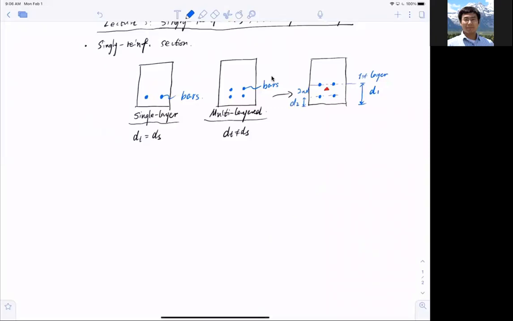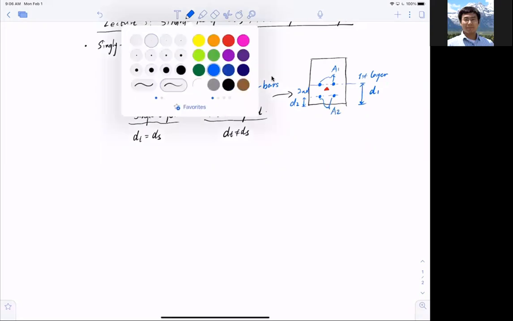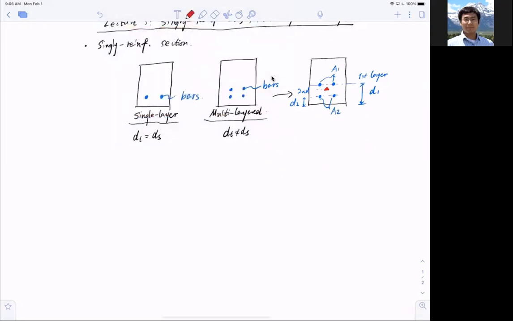Of course, I have area for the first layer called A1, area for the second layer called A2. So if I want to find the distance between the center of the group of the bars to the bottom here, let's call it D, or in this case, it's not D, so to speak, it's Y bar. So the equation goes like this: Y bar equal to sigma Ai Di divided by sigma Ai.